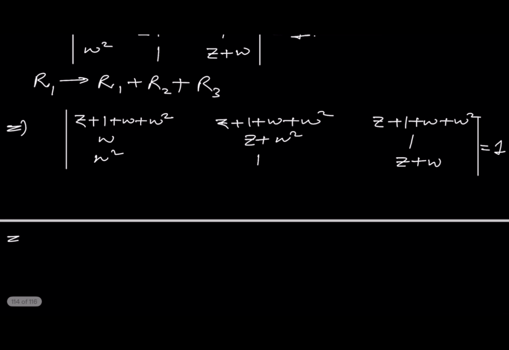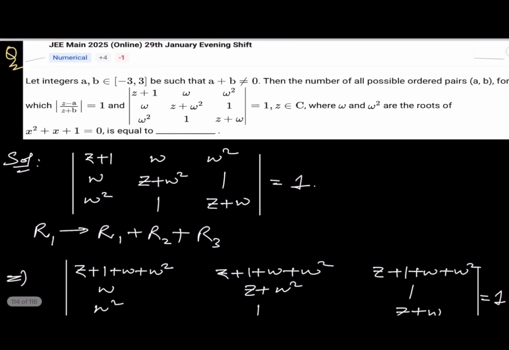Now 1 plus omega plus omega square is 0, as it is given in the question that omega and omega square are the roots of x square plus x plus 1 is equal to 0. So omega and omega square are the roots of this equation, so 1 plus omega plus omega square will be 0.